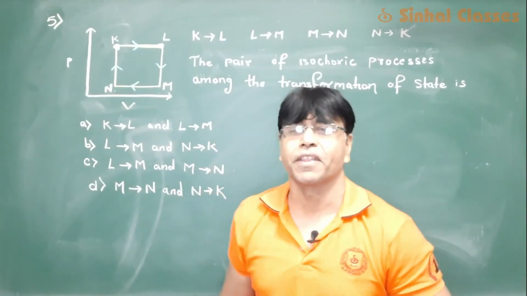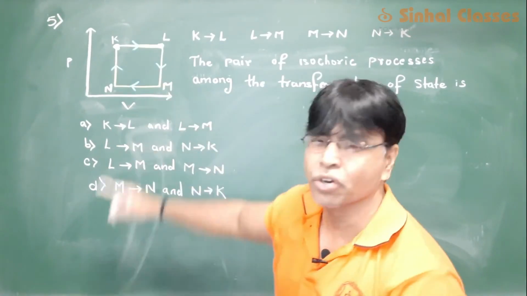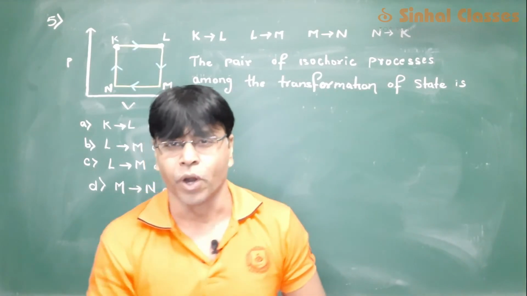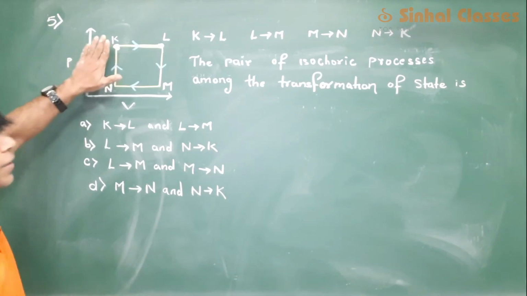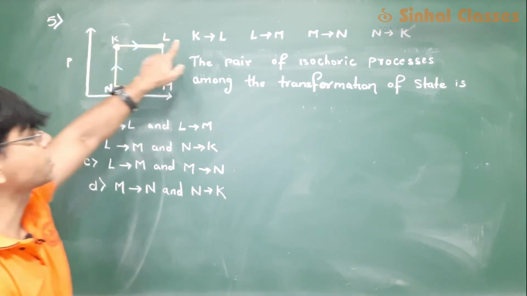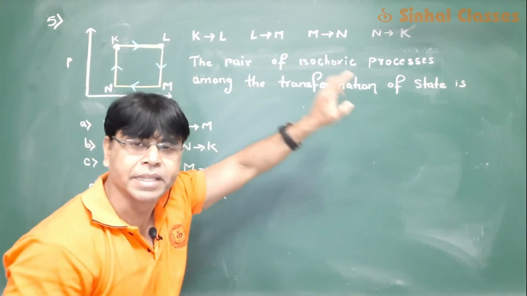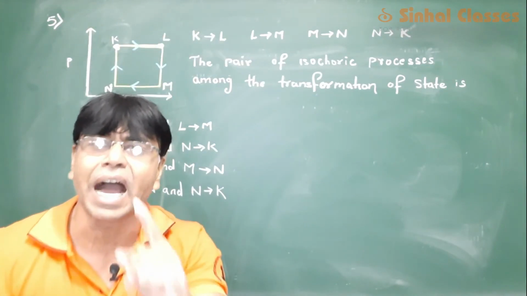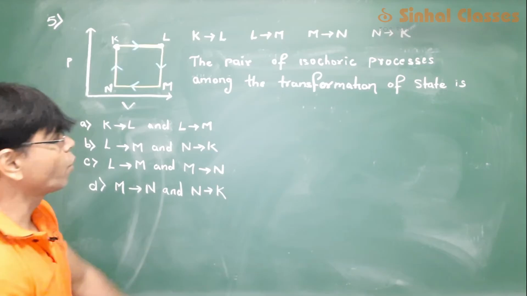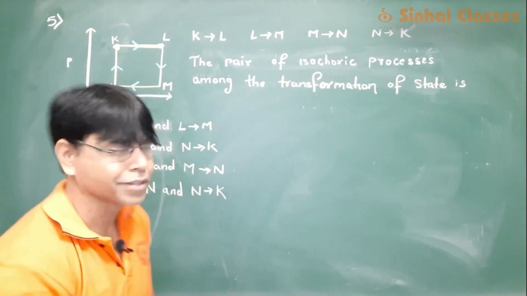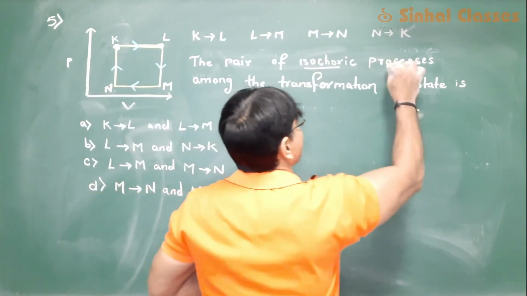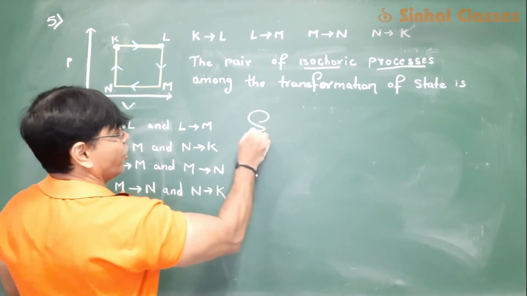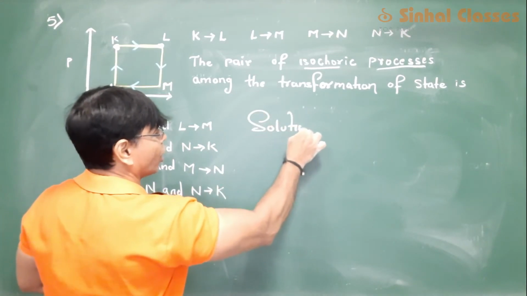Now question number 5 is based on question number 4. Here they are asking, for the same graph, which conversion is an isochoric process. Now we all know what an isochoric process is.